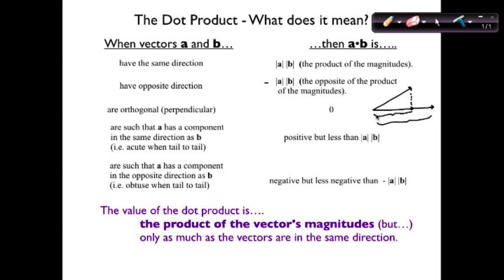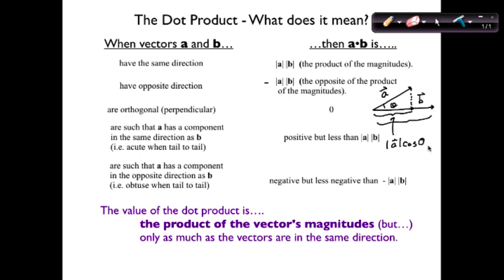What is this right here? So if this is A and this is B, what is that amount of A in B's direction? How would we calculate that? It would be the magnitude of A, right, times what? Cosine of the angle between them.